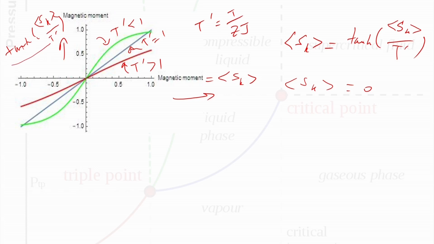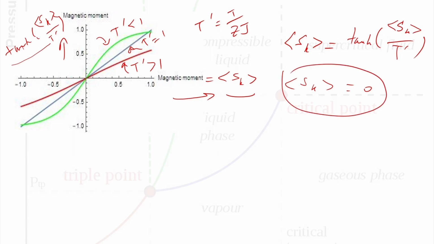Now the colored plots are the plot that I was talking about. The colored plot is this versus this, that means tan hyperbolic versus average of S. Those are the red plot and the green plot. Now I have to ask myself, where do the red plots and the green plots touch the straight line? Now if you look at the red plot where the temperature T dash is greater than 1, you see the red plot touches the straight line exactly at the uninteresting point, namely S equal to 0.